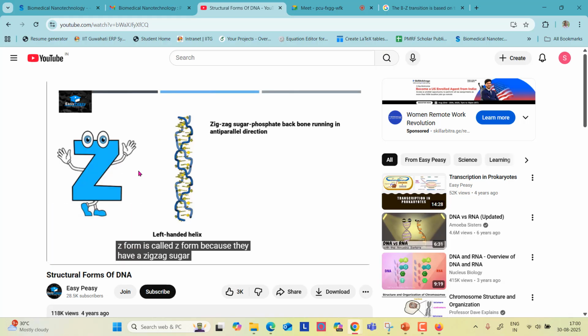They have a zigzag sugar phosphate backbone running in anti-parallel direction. That is why they are called Z form. They have an alternating purine pyrimidine sequence such as GC, GC, GC.